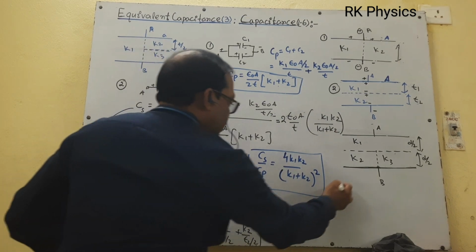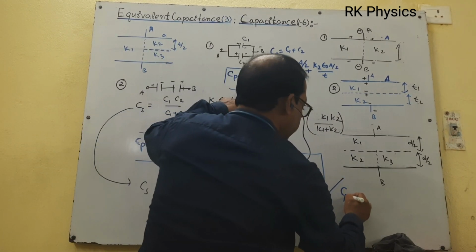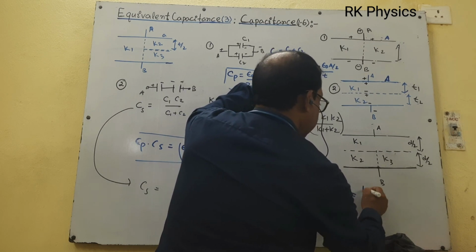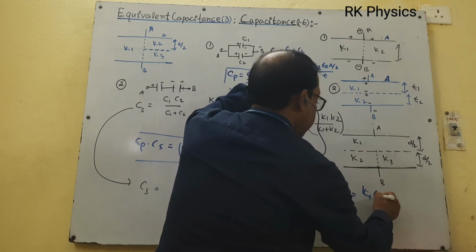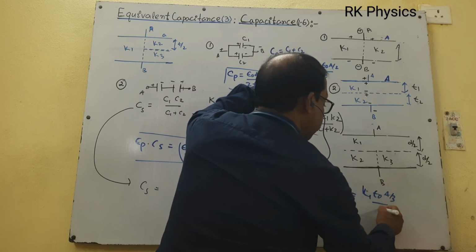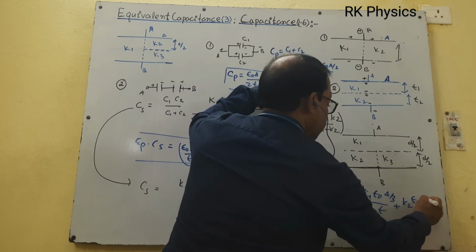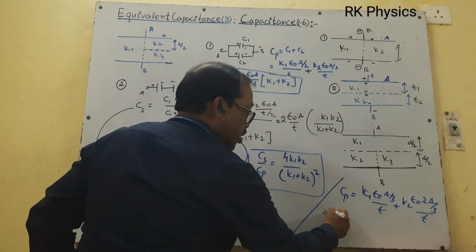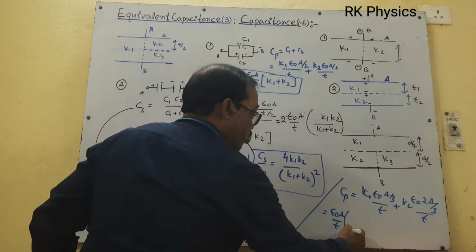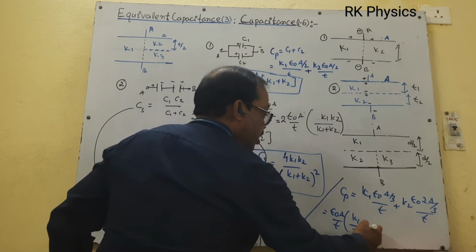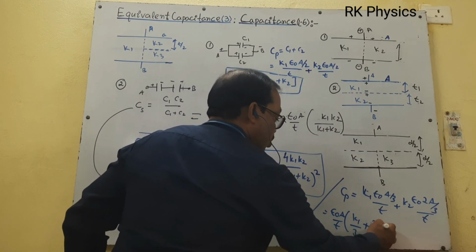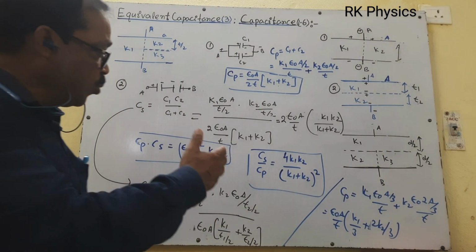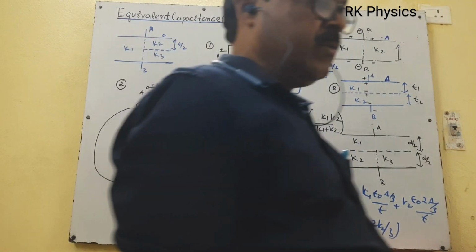You take Cp, that means k1 epsilon 0 A by 3 by T plus k2 epsilon 0 2A by 3 divided by T. Then the common factor is epsilon 0 A by T, you take it out. This is k1 by 3 plus 2k2 by 3. Now if the values are given, you can put them in and calculate.